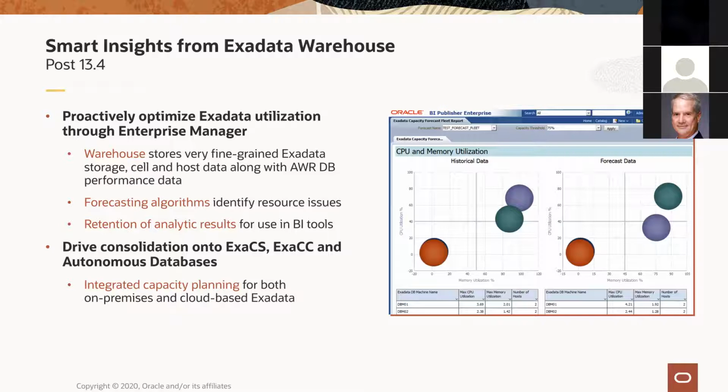So this is where we have the Exadata Warehouse to help us with that. And we will be able to look at historical data and forecasting data for different metrics such as CPU, storage, and memory on the system.